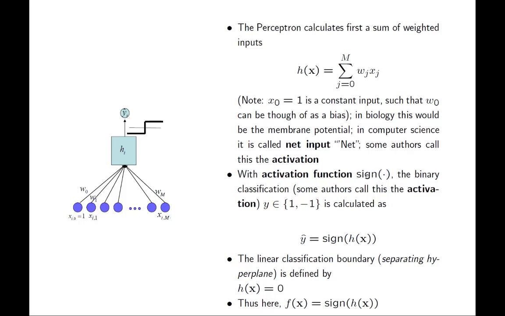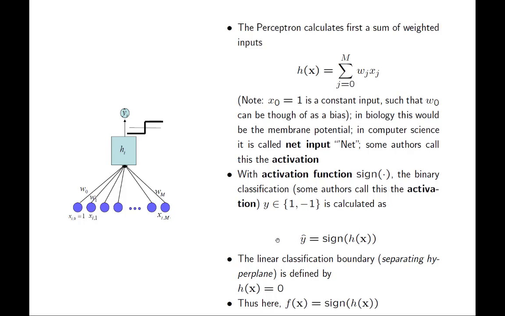If it's negative, it transforms it into a -1. It's shown over here. And this is our best estimate after training. It's simply the sign of h of x. So this is how we make a prediction for new x, where we don't know the target yet.